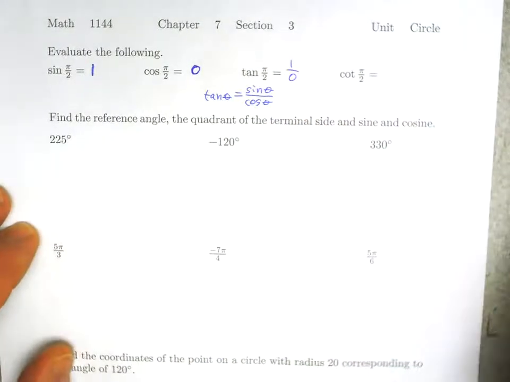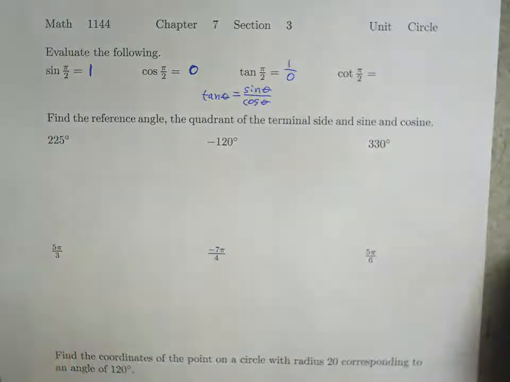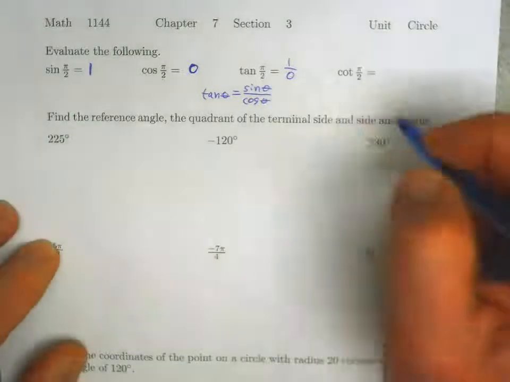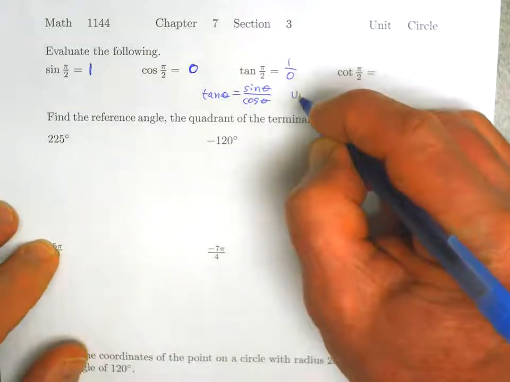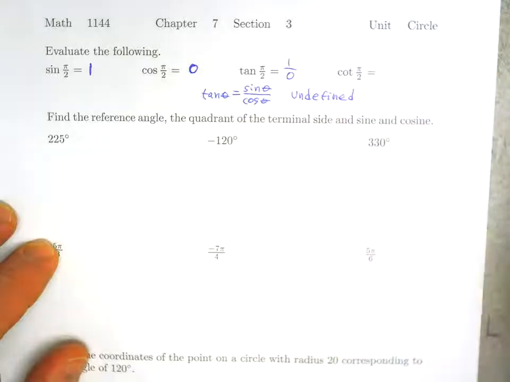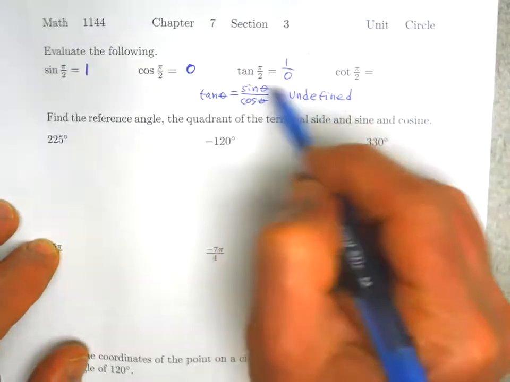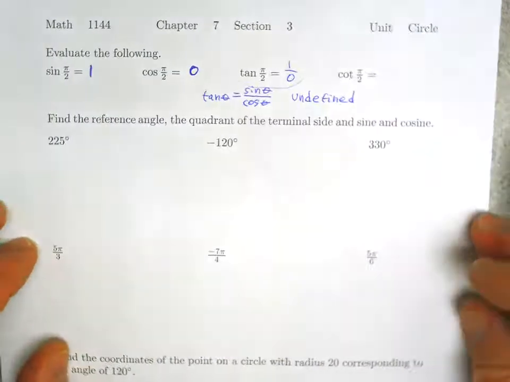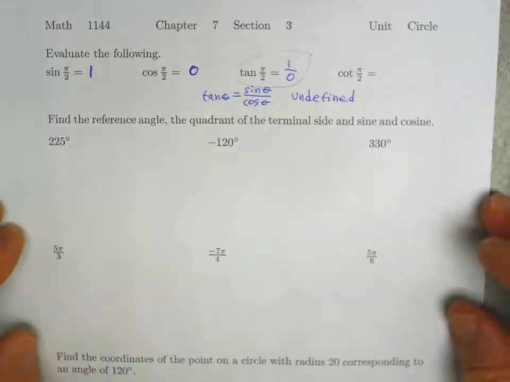But remember, division by 0 is undefined. So tangent of pi over 2 is undefined. So that will be an important thing to remember in the coming days.